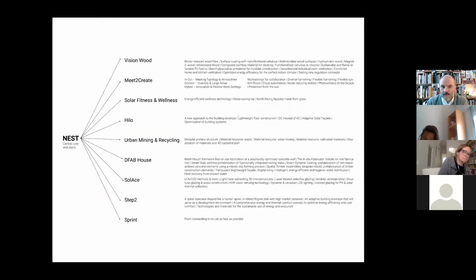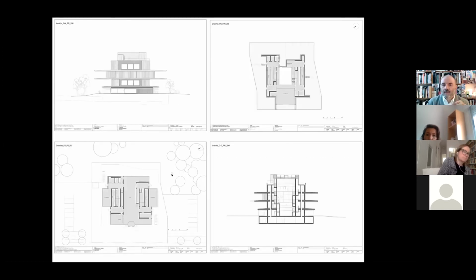So NEST is a laboratory. So it's a building built to be a laboratory. These are all the investigations ongoing in this moment. I will present you specifically just one. And this is the building itself.